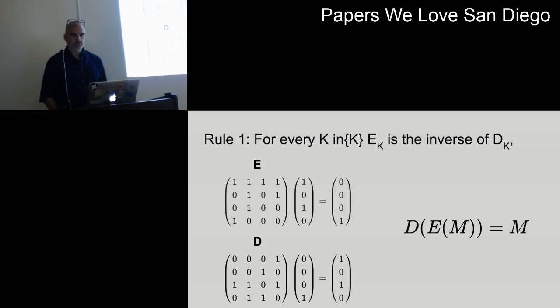The first rule is that for every k in the space of keys, the encrypting transformation is the inverse of the decrypting transformation, and vice versa. You can easily accomplish that with binary matrix multiplication here. So that system would satisfy this rule.